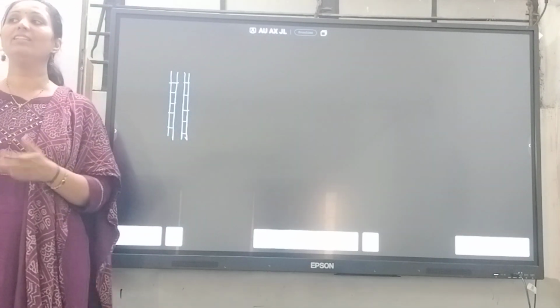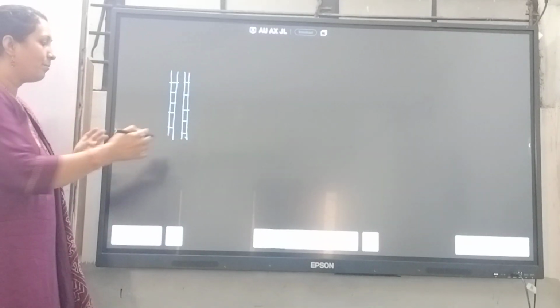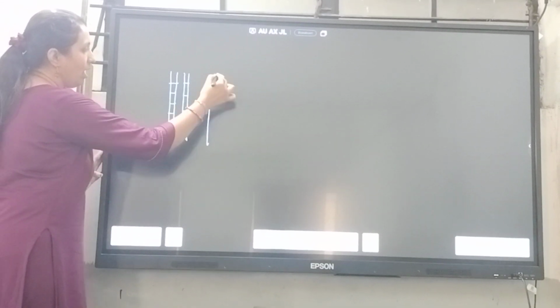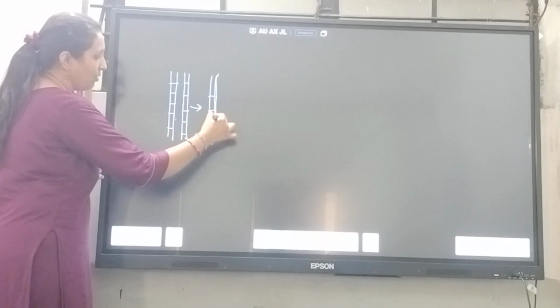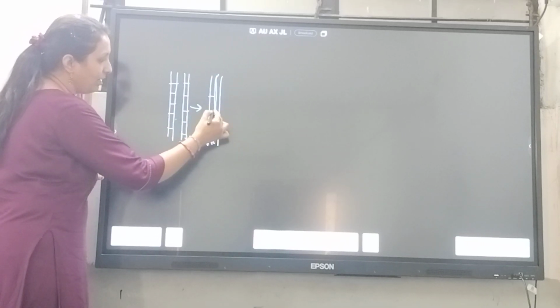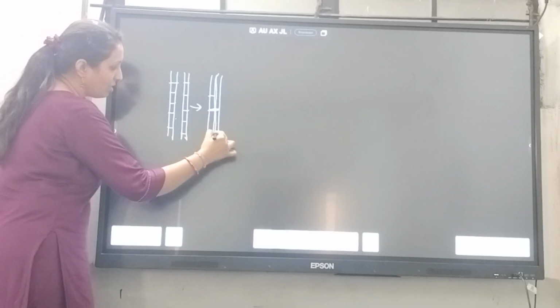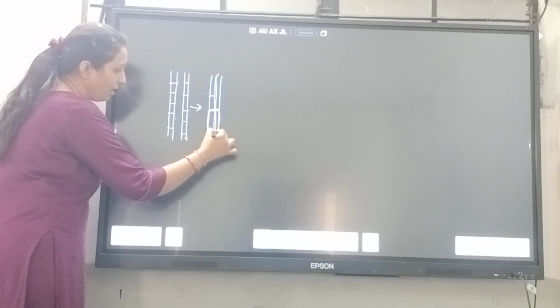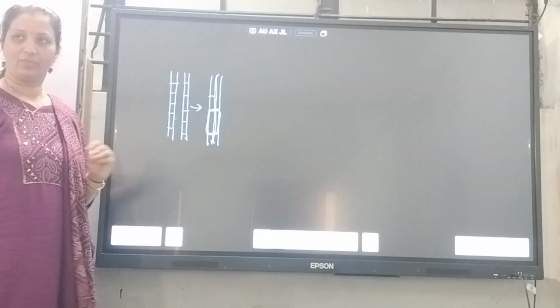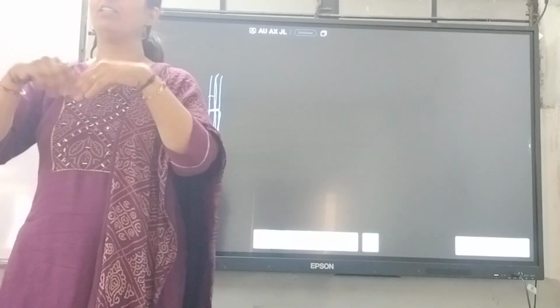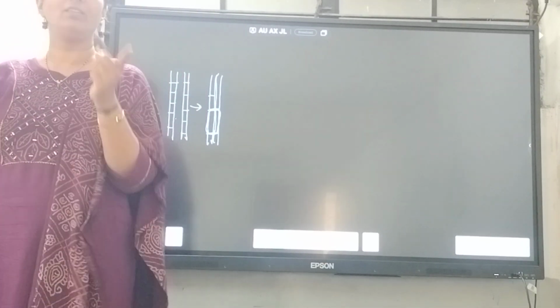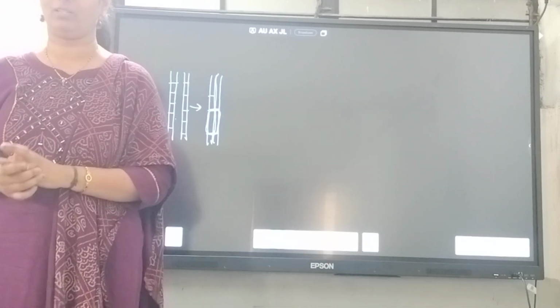But here genetically these two hyphae just come close to each other, right? And then this portion, suppose over here, will undergo what? Fusion. Right? Directly the hyphae undergo fusion without forming sex organs, without forming that extension.